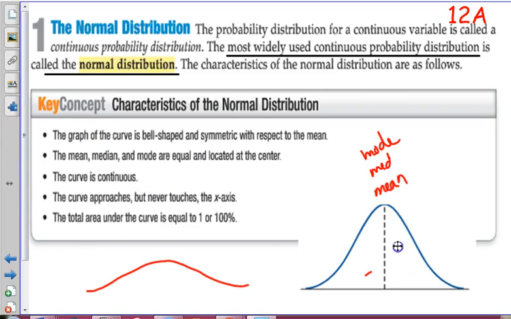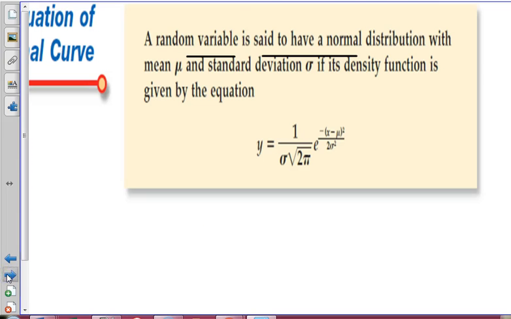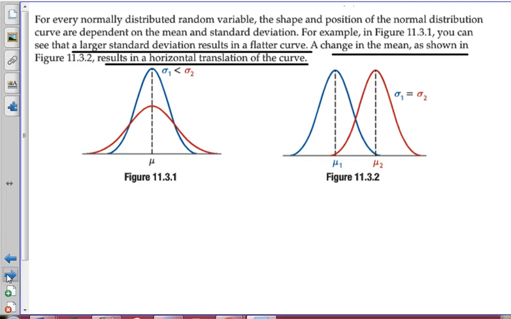And 100% of the values fall underneath the curve. We talked yesterday about how you could come up with that. There is a crazy formula that will give you that curve, but your calculator will graph it, and we'll talk more about that in a minute.